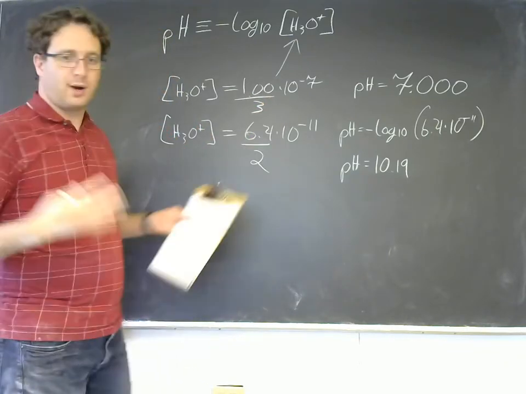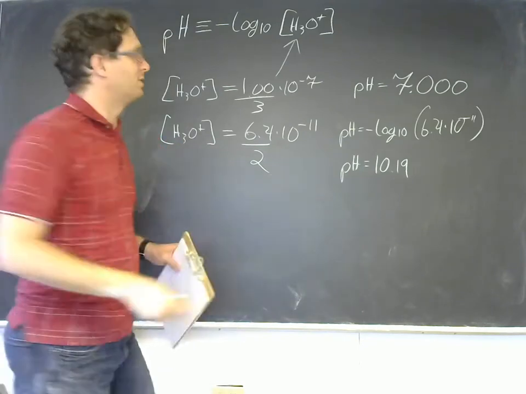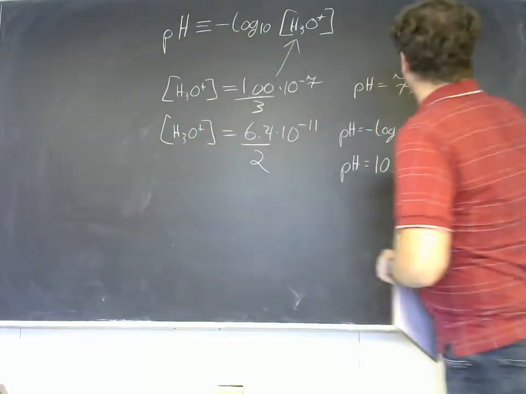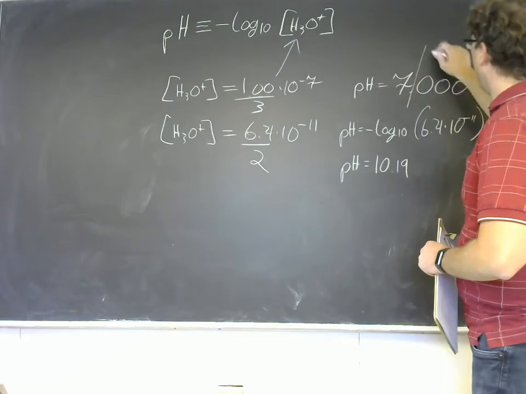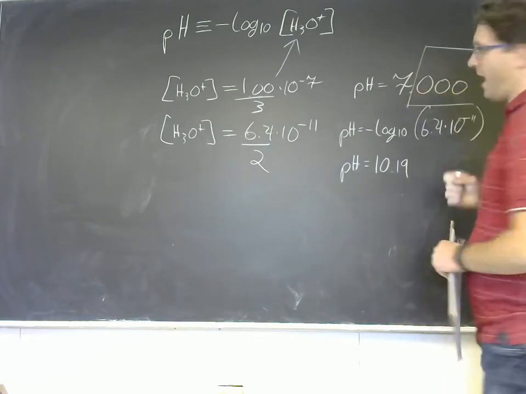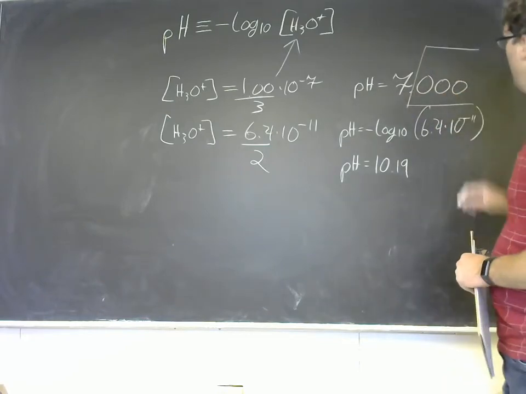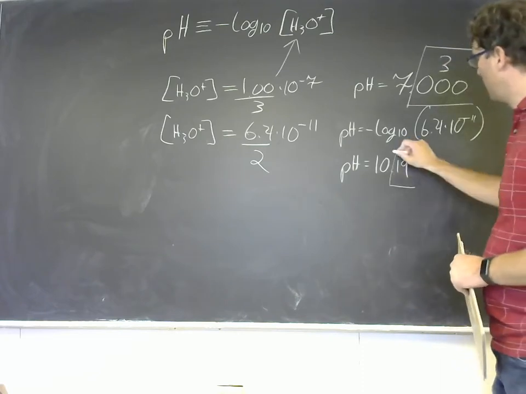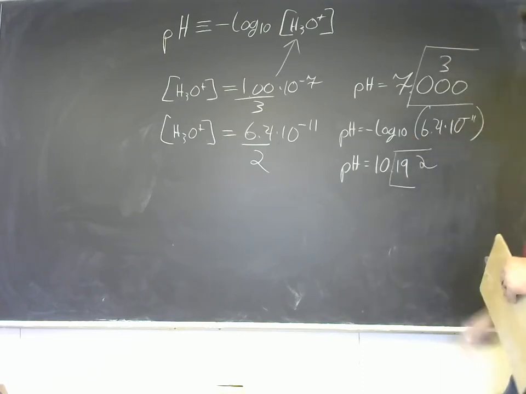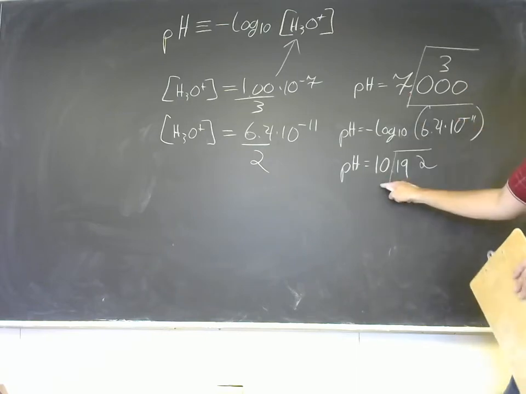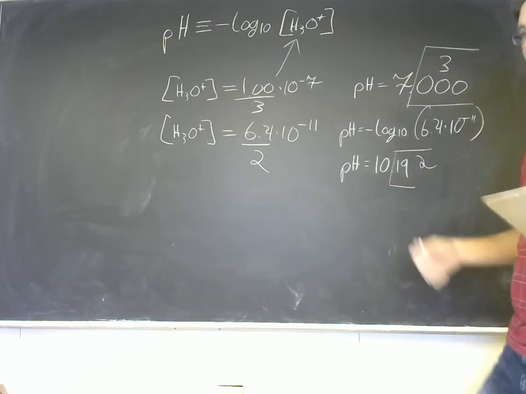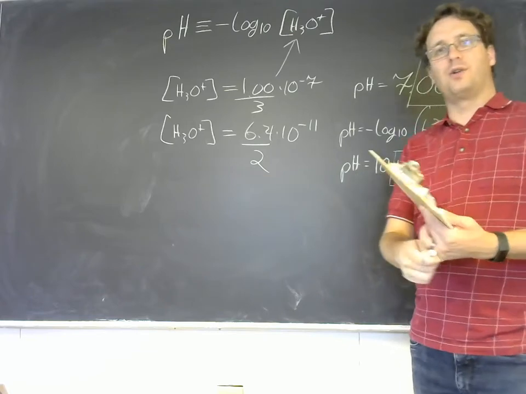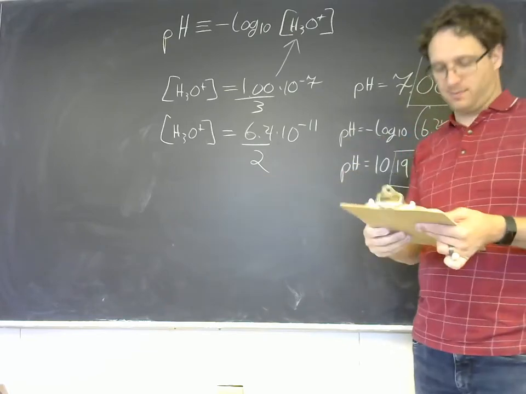And so our answers should have 3 sig figs and 2 sig figs. And here's the rule for pH. Only the numbers after the decimal count. So this has 3 sig figs, and this has 2 sig figs. The 7 and the 10 do not actually count as significant figures when you're taking the pH of something.